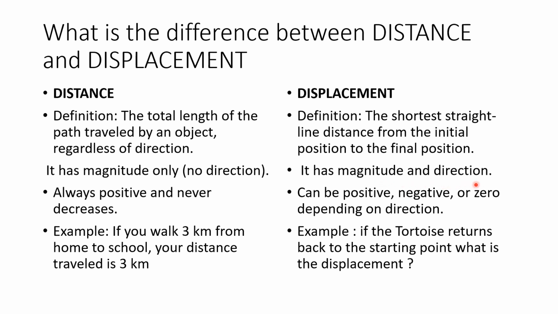Okay, so I have a question for you. If the tortoise returns back to the starting point, what is the displacement? First it starts from 0, then ends up at 80 meters, then it returns back to the initial position.